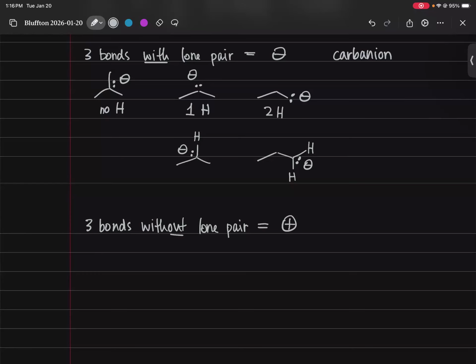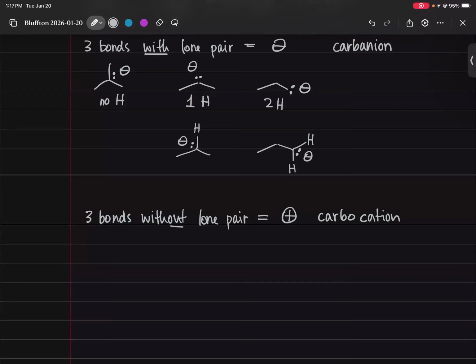Fortunately, you really only have to remember one set of these because it's actually the same thing for a positively charged carbon. And if an anion is negative, a cation is positive. So it's a carbocation, not a carbanion. So we can literally just redraw this without the lone pairs and with a positive charge instead, and it still holds.